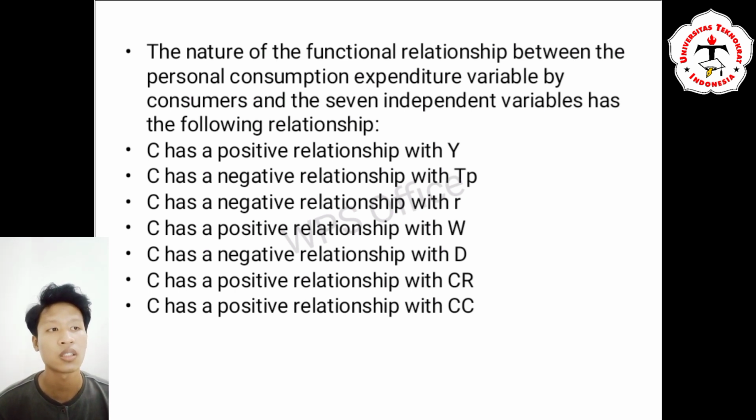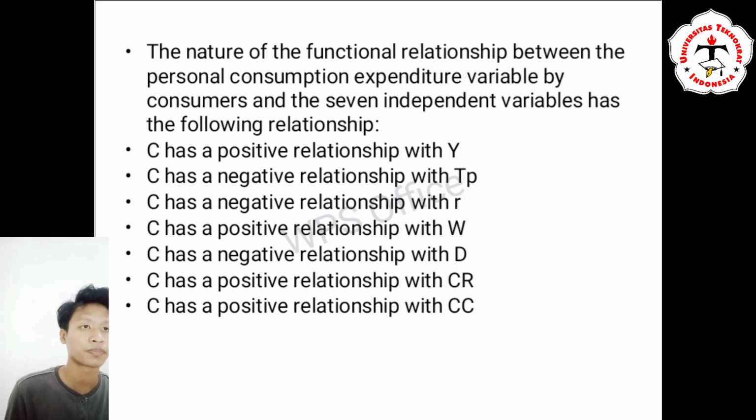C has a negative relationship with R. C has a positive relationship with W. C has a negative relationship with D. C has a positive relationship with CR. And last, C has a positive relationship with CC.